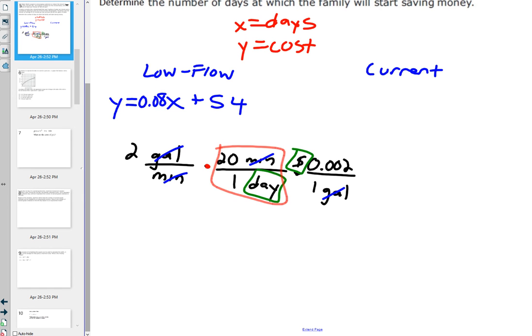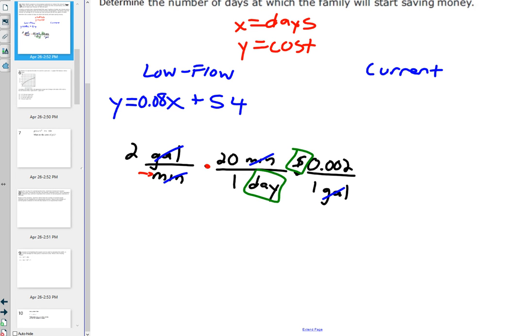Now I didn't attack gallons first, I attacked minutes first. Minutes is on the bottom, so on my next fraction I put minutes on the top. That's what's going to get it to cancel. Even though there are not 20 minutes in a day, all we care about is shower use. If we wanted to convert minutes to days, how many minutes per day are they using the shower? 20.